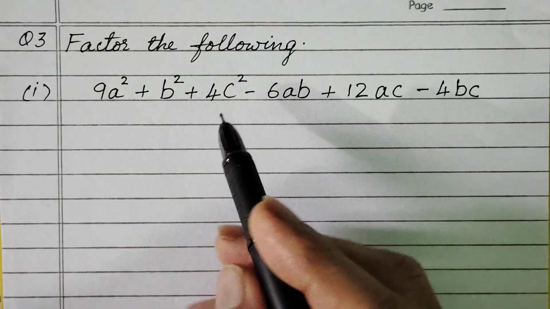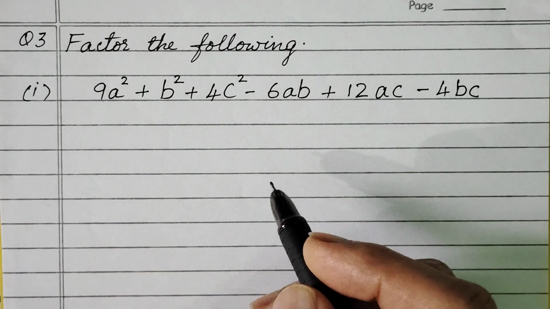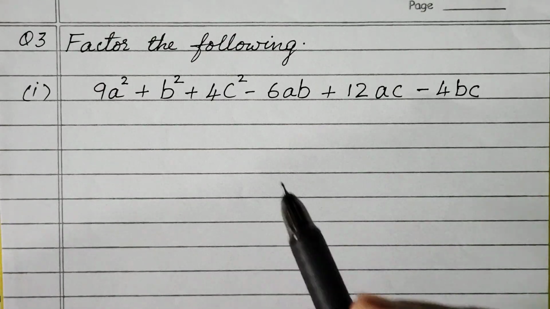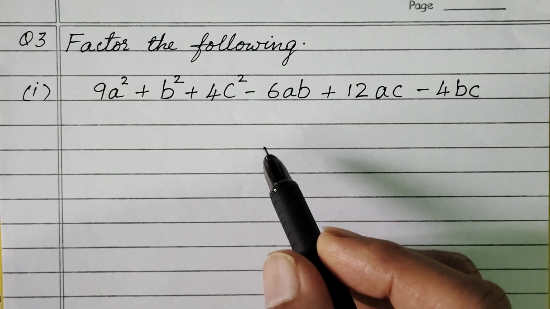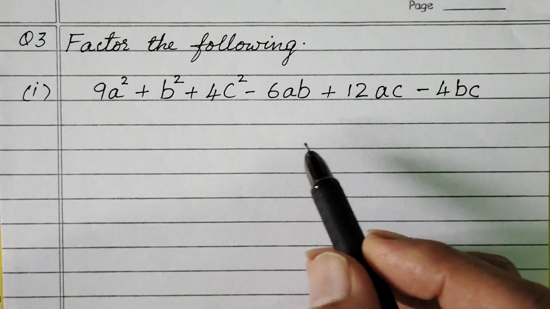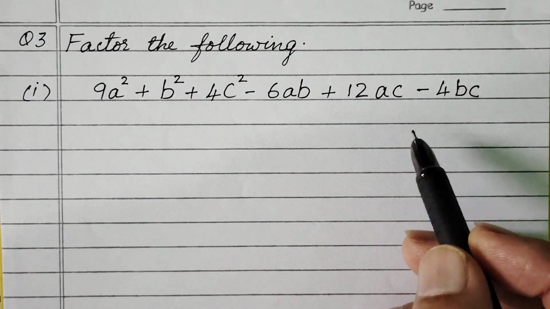So here, to factorize this, we are going to use a plus b plus c whole square is equal to a square plus b square plus c square plus 2ab plus 2bc plus 2ca. That one we are going to use here.